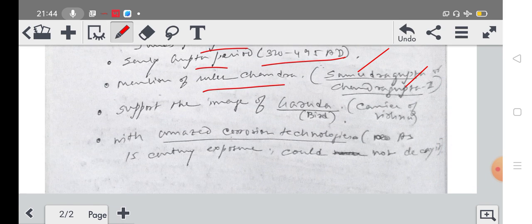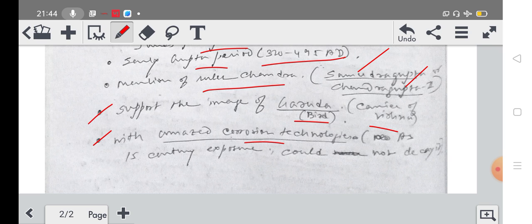It supports the image of Garuda. This iron pillar, 15 feet high, represents Garuda, the bird, which is the carrier of Vishnu, Vishnu's vahana. And the last point is that an advanced corrosion technology has been used in this iron pillar.